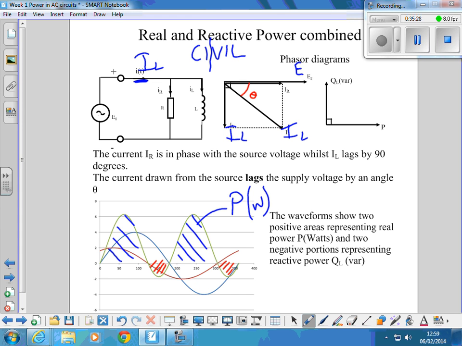But those two red bits down there are the Q measured in var. So this bit is using useful power. That's the inductor giving back power to the source. Reactive power to the source. So these are active, they're reactive.